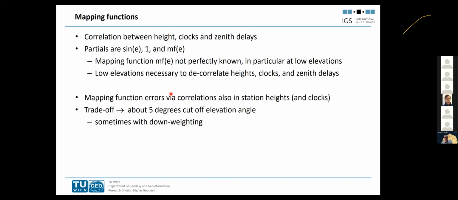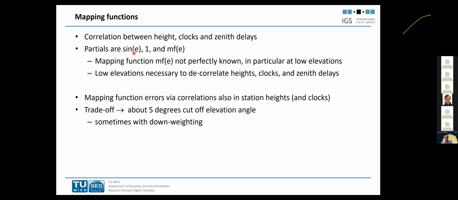So we need mapping functions, and now we have to be careful because we not just estimate zenith delays in general, but we typically also estimate station heights and station clocks, as we heard before. And there are different partials for these three parameters.